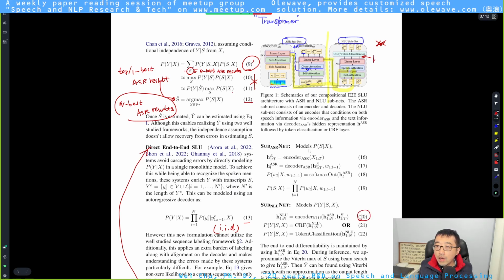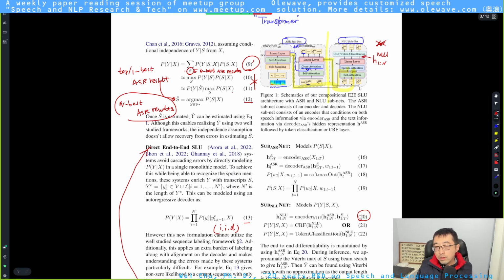So this is H1 over N, and now U. Now use encoder embedding. Okay. Then the next thing is fairly straightforward. You just plug this into either the CRF classifier or the token classifier. Then you get a label-by-label output at the final NLU subnet.